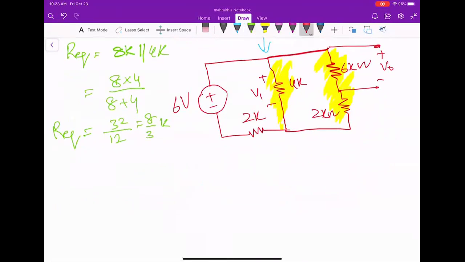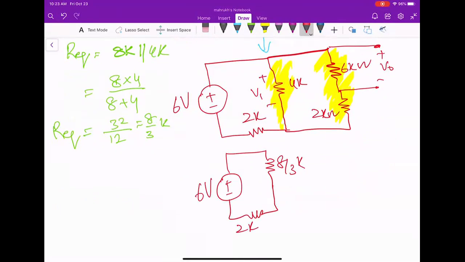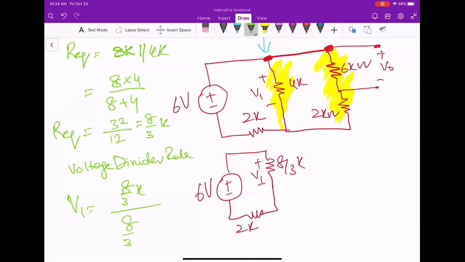So now in the circuit, I have 8 by 3K, 2K, and 6 volts. So this is V1, right? Because this is the V1 and this is the same voltage here. So V1, I will know by applying voltage divider, which will become V1 is equal to 8 by 3K over 8 by 3K plus 2K, into 6.